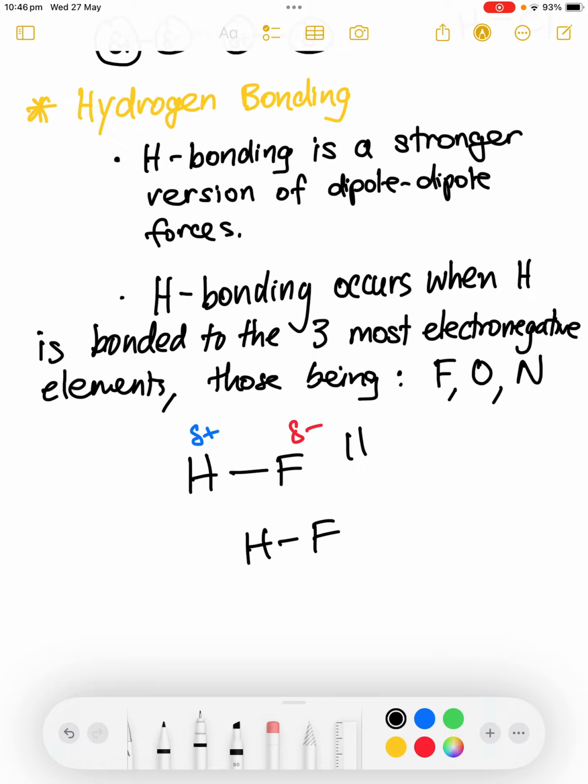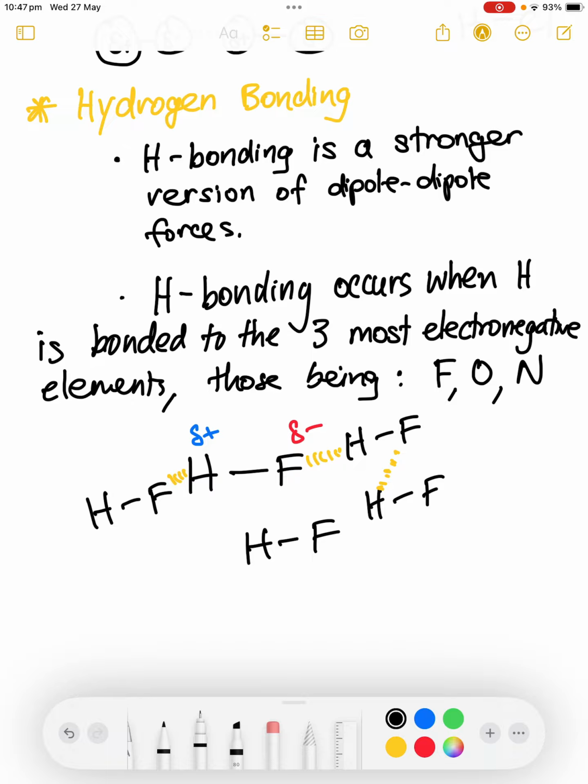HF, HF, and let's put a HF here. All right, and let's put another HF here, and let's go. So there'll be some hydrogen bonding going on there, hydrogen bonding going on there, hydrogen bonding going on there as well. Let's put another one over here. We can't really get it to go again.